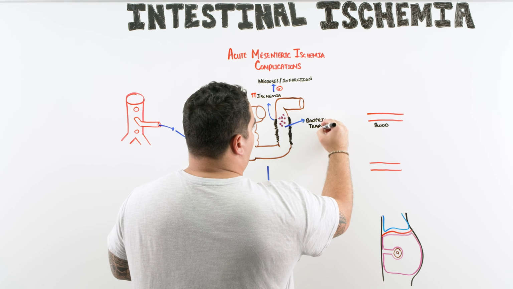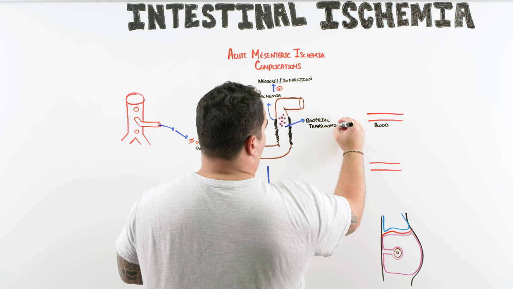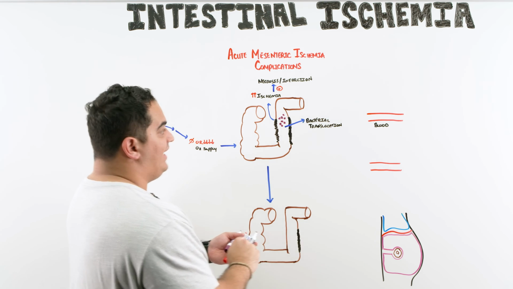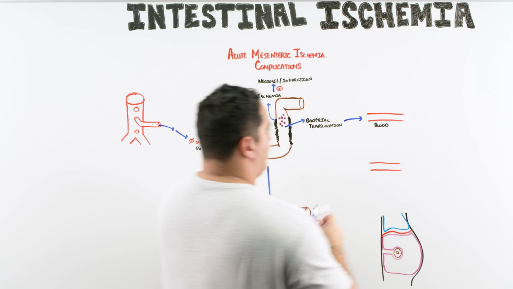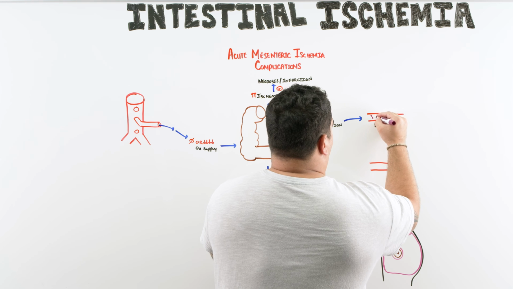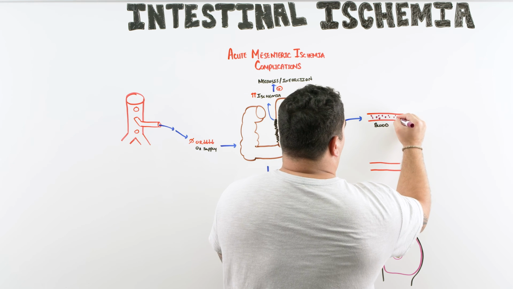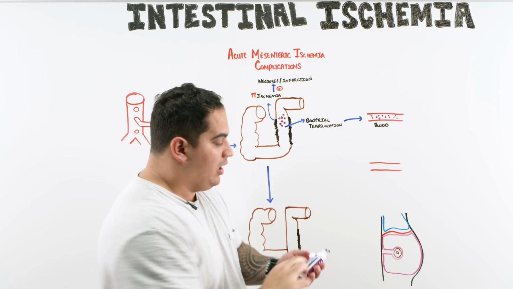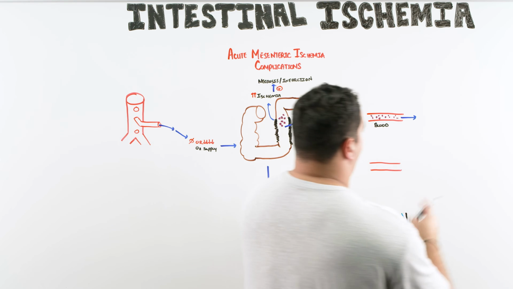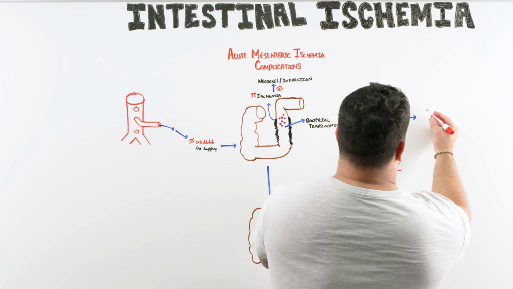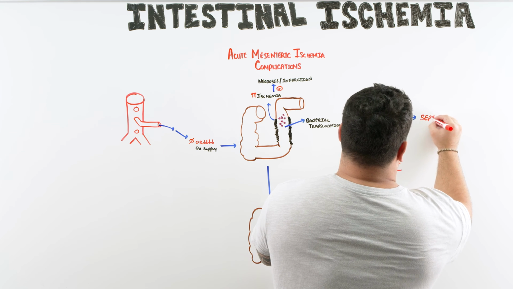When these bacteria translocate, this can allow for them to get easily right into the bloodstream. If these bad boys get into the bloodstream, what would you imagine could start to happen if you start developing profound bacteremia? Sepsis. And so oftentimes these patients can easily and quickly progress to one of the big complications, which is sepsis.